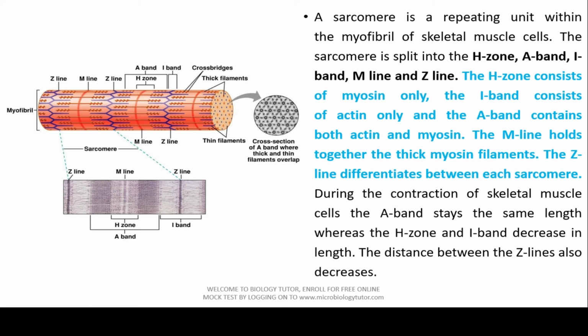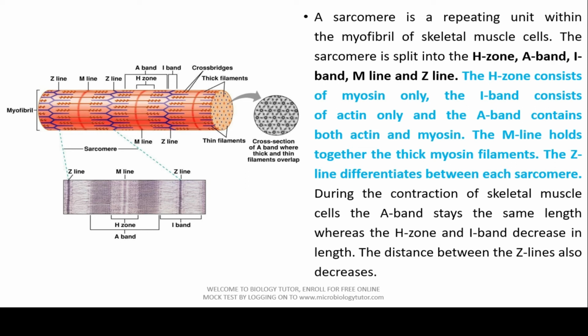The H-zone consists of myosin only. The I-band consists of actin only, and the A-band contains both actin and myosin. The M-line holds together the thick myosin filaments. The Z-line differentiates between each sarcomere.